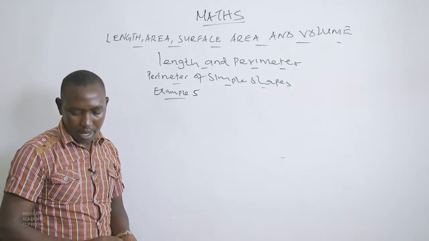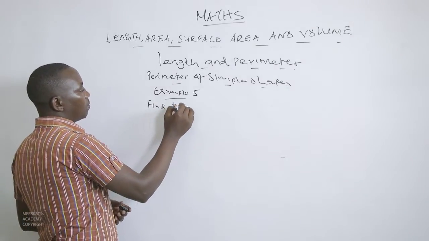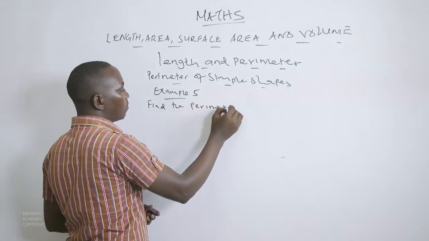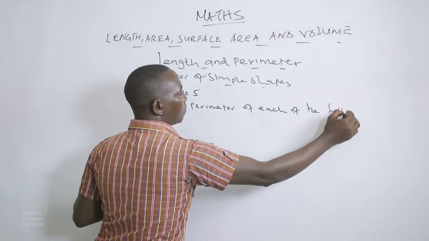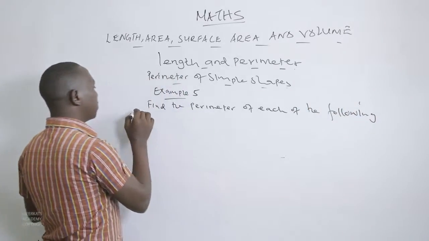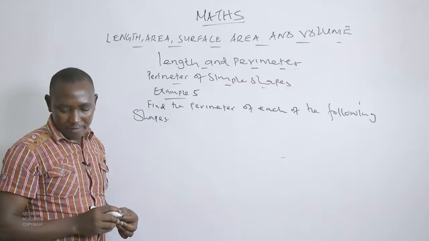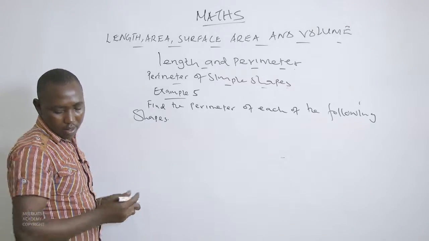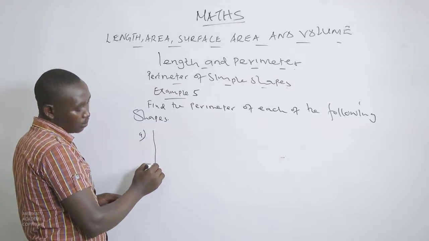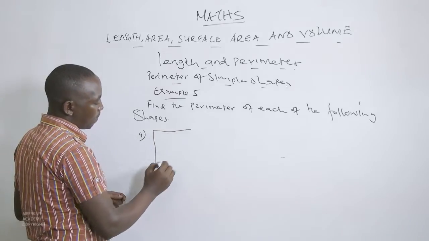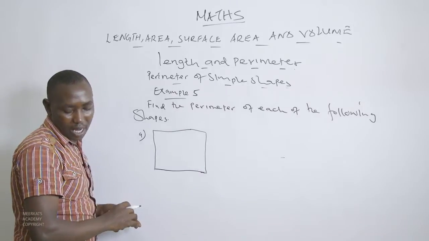Example 5. Find the perimeter of each of the following shapes. We have shape A, which is in the form of a rectangle.